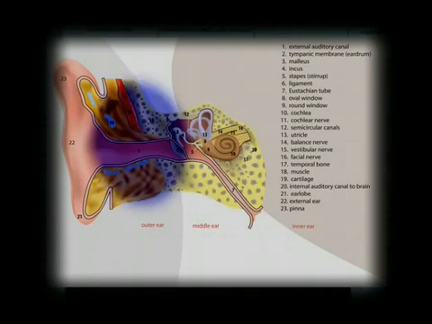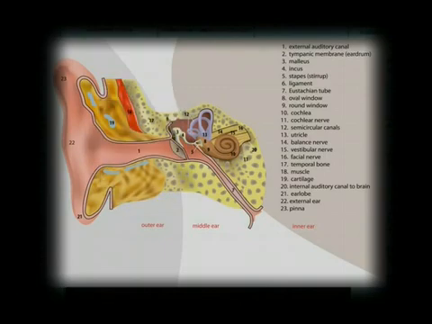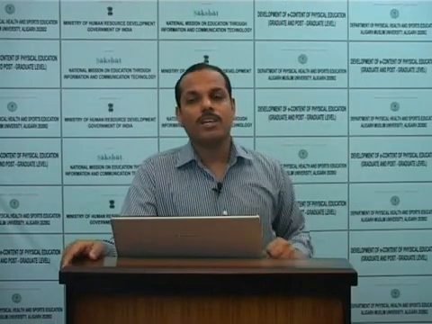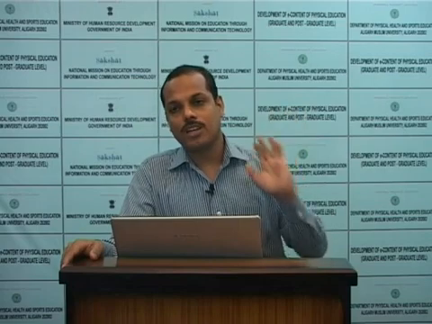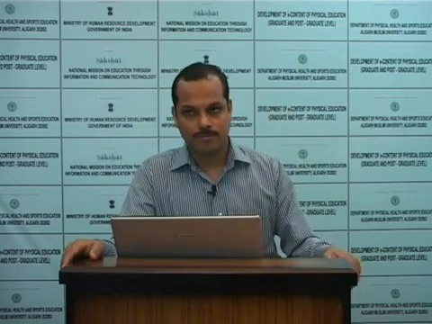There are some small bones, malleus, incus, and stapes. Stapes is the smallest bone of the body, and the middle ear also contains two muscles, tensor tympani and stapedius. So the middle ear consists of three bones and two muscles.